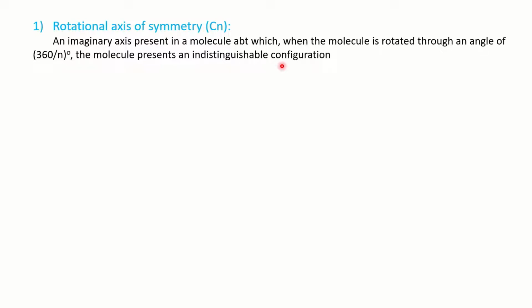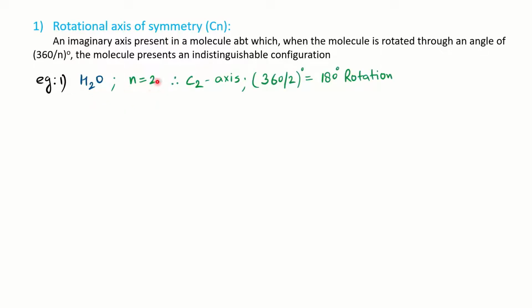To understand this, we will take one very basic example, the water molecule. It has the bent structure. We know the shape of the water molecule is bent, and it has 2 hydrogens, let's represent them by 1 and 2. So after 2 rotations, it will represent the indistinguishable molecule.